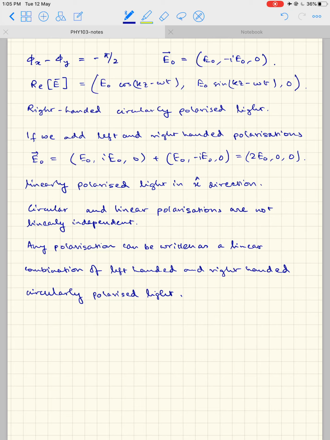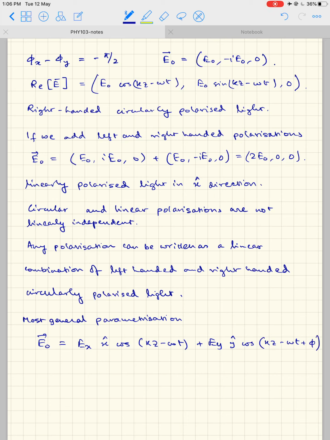So the most general parameterization is the following: E naught is Ex x cap cos(kz minus omega t) plus Ey y cap cos(kz minus omega t plus phi), where when Ex and Ey are different and the relative phase is non-zero, polarization changes in magnitude as it rotates in the xy plane.